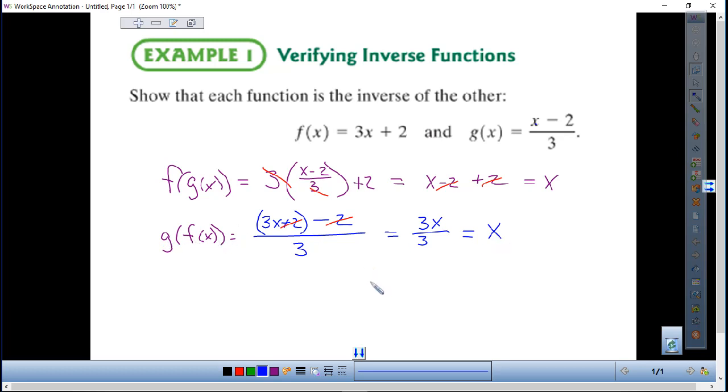That, therefore, and that's what these 3 dots mean, that's for therefore, g of x is the inverse of f of x, or you could write that the other way. Either way, they're inverses of each other.